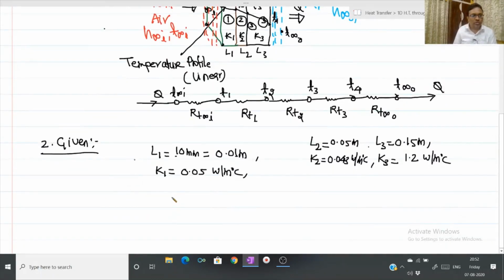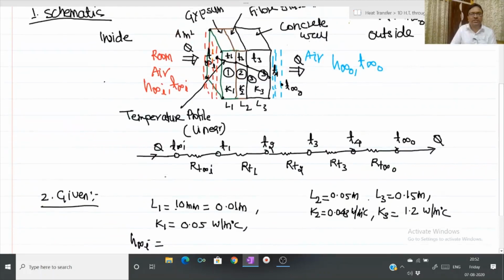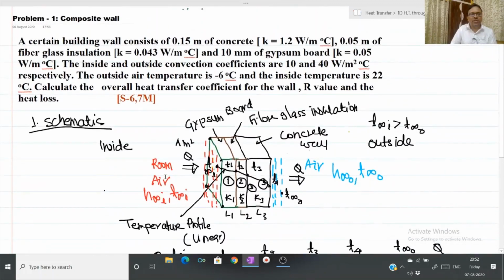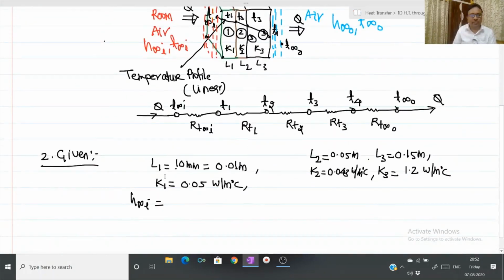So H infinity I is given as 10 watt per meter square degree Celsius, and H infinity O is given as 40 watt per meter square degree Celsius.